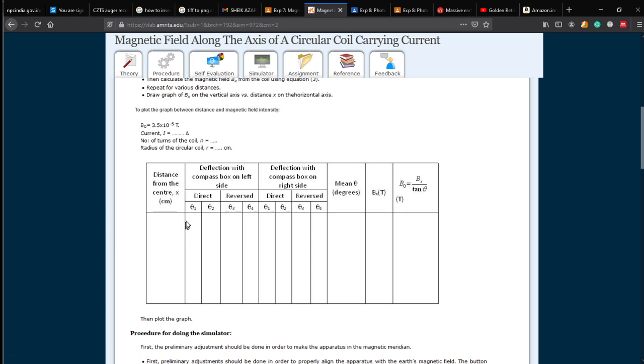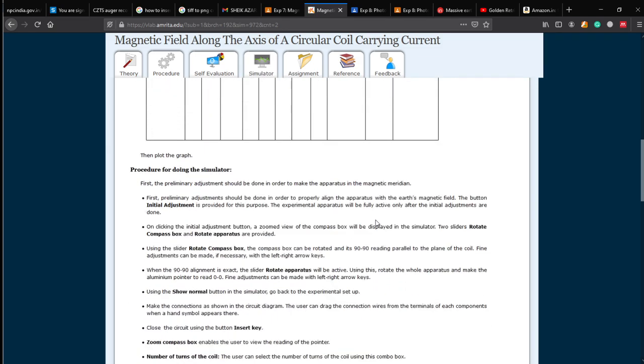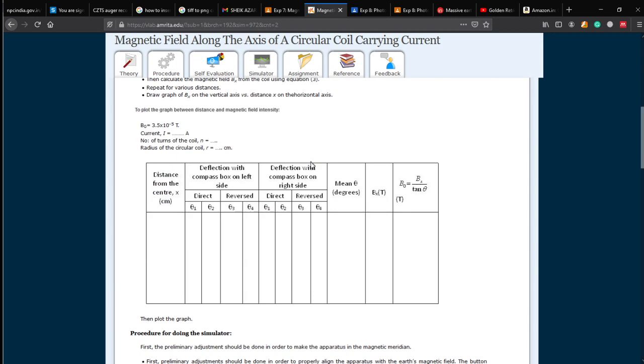So when we have all these values for x equal to 5, we have all the theta values. Then we will have the mean theta in degrees. We will have a Bx. Already the B0 is given. You can easily find out the Bx value from the equation given here.